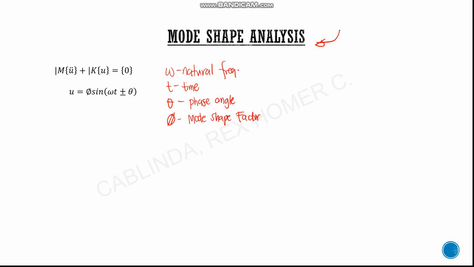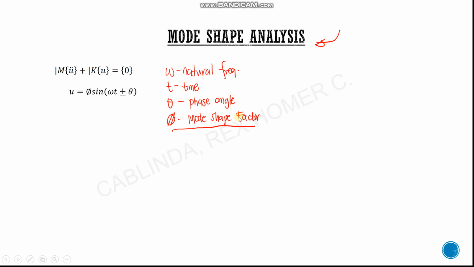Since it is multi-degree, the natural frequencies are also multiple, and each frequency has its own deformation. The pattern of deformation of the first floor, second floor, third floor, up to the 10th or whatsoever, in its natural frequency, is what we call the mode shape. To know the mode shape, we get the mode shape factor. We call that phi.